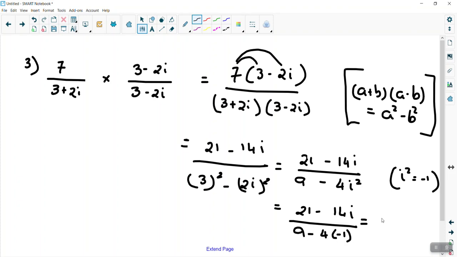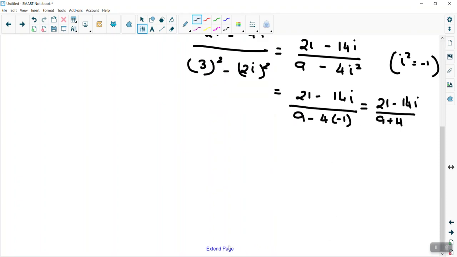This is -1, which gives us 21 minus 14i over, this is now minus and minus, so it's going to be plus, so 9 plus 4. Which you can do, 9 plus 4 over there, and simplify the denominator to 21 minus 14i over 9 plus 4, which is 13, and then we got rid of the i in the denominator, so we rationalized the denominator.